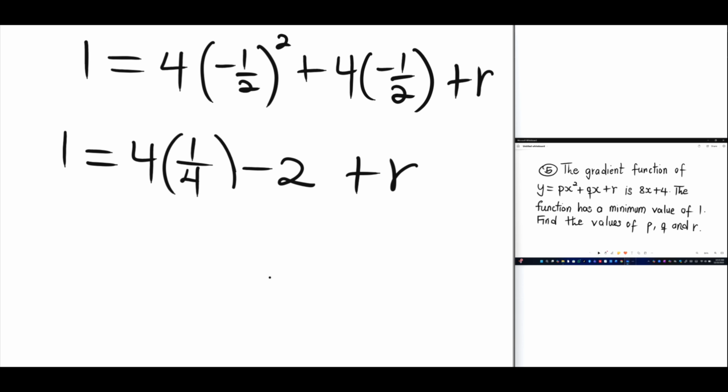Then we continue: 1 is equal to 4 times 1 out of 4, which will give us 1, then 1 minus 2 plus r.